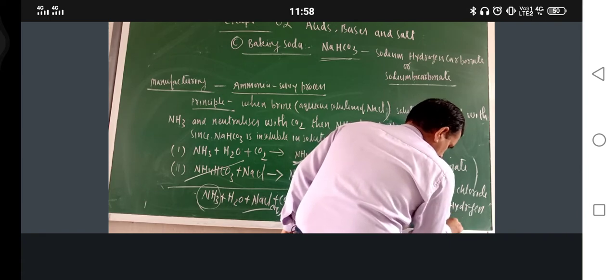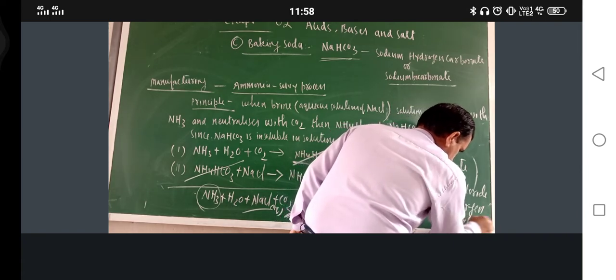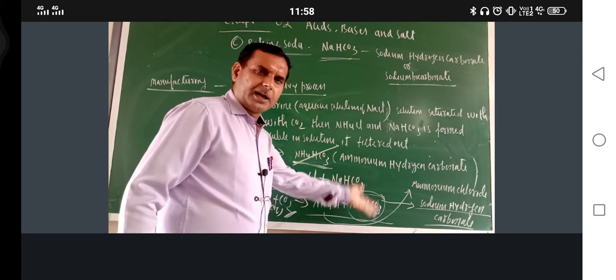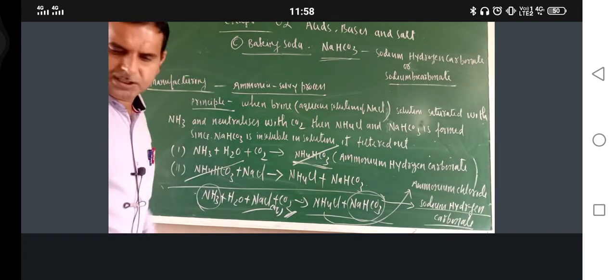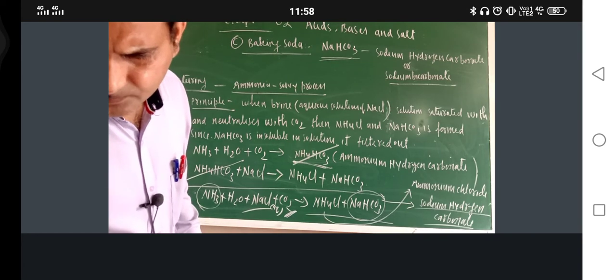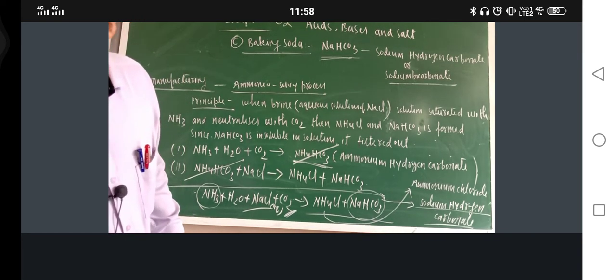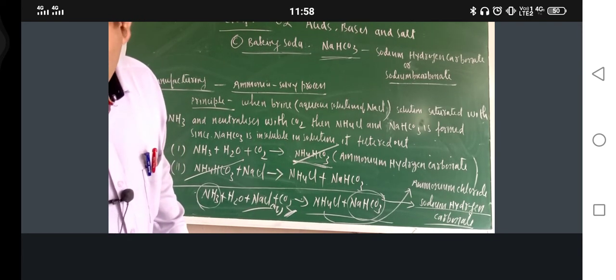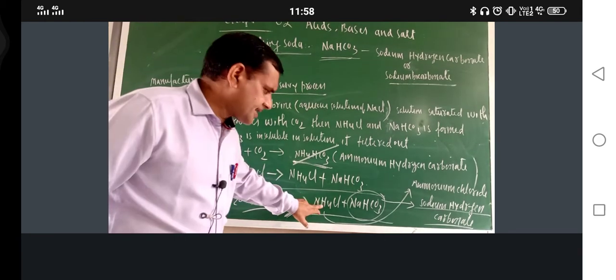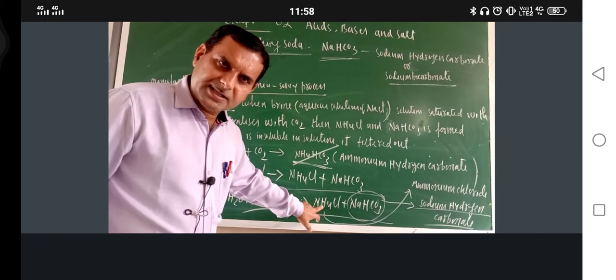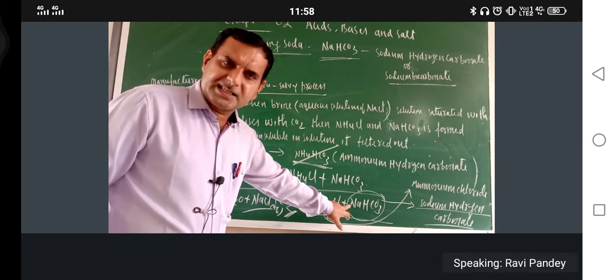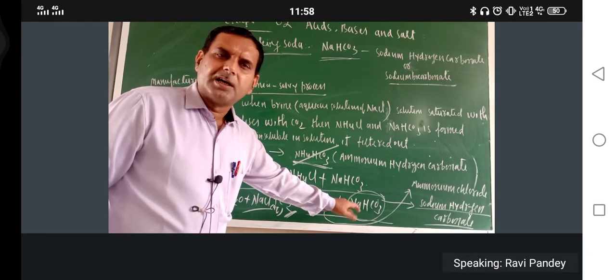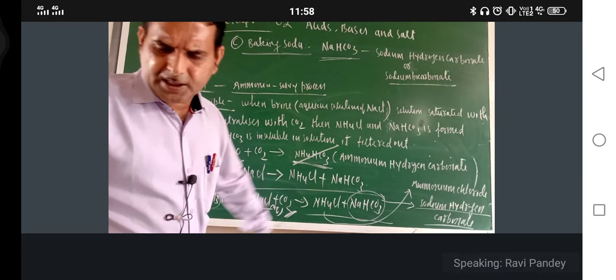This is insoluble, it will be filtered out. So this is the method of manufacturing. The ammonium chloride is highly soluble, so it will remain in the solution. This is sparingly soluble, meaning hardly soluble, so it will come out and be filtered out.